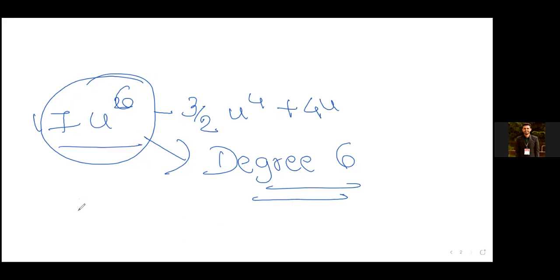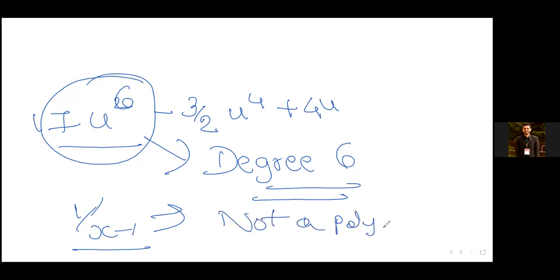And if it is 1 by x minus 1, is it a polynomial? 1 upon x minus 1. This is not a polynomial, remember. Also, there are some expressions of the form root x plus 2.